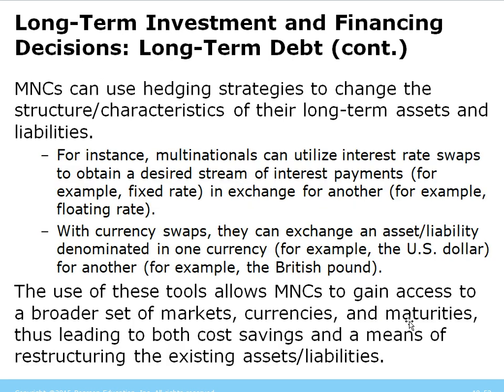Now, multinationals can use hedging strategies to change the characteristics of some of their long-term assets and liabilities. A hedge is a way to protect yourself on an exposure. So you can swap interest rates to obtain the desired stream of interest payments. For example, you might have a fixed rate and exchange it for a floating rate. You can also do currency swaps where you exchange assets and liabilities denominated in one currency, for example US dollars, for another currency, British pounds.